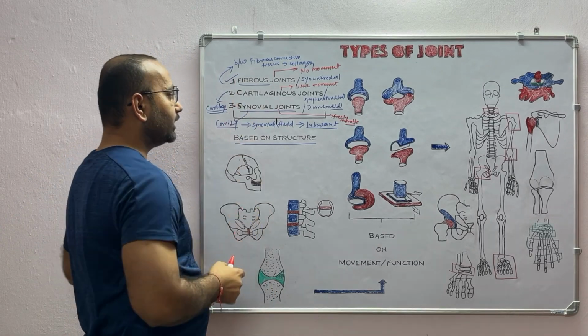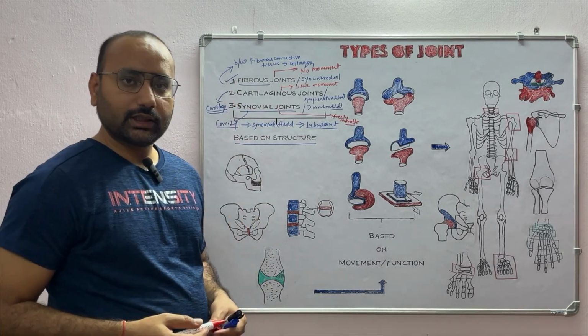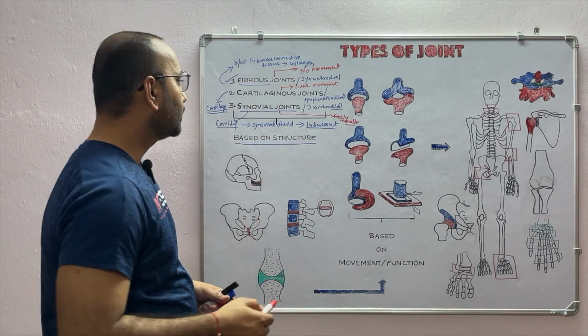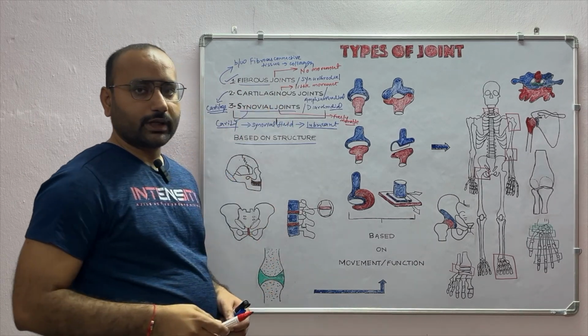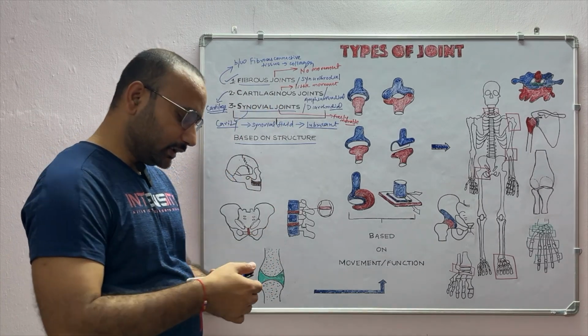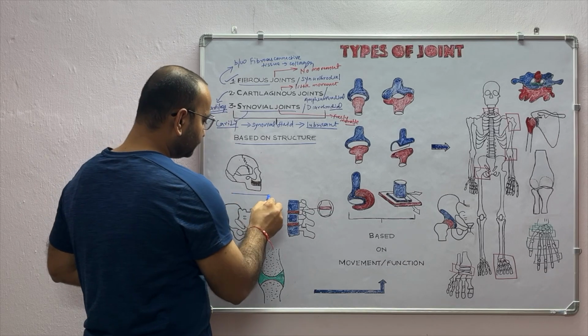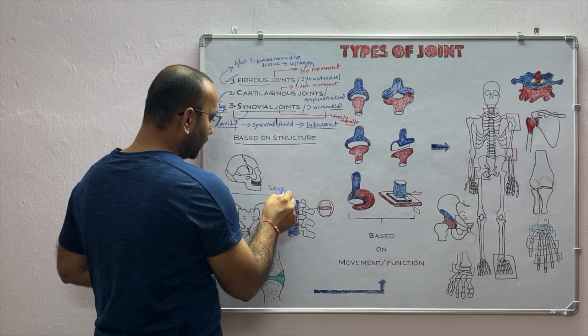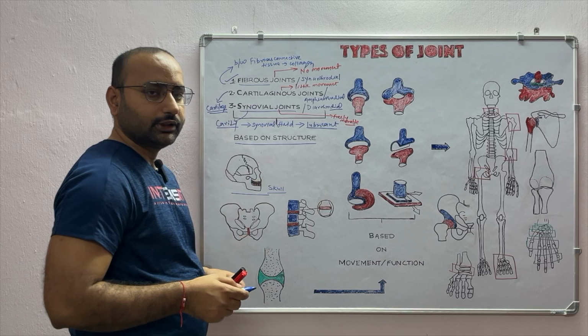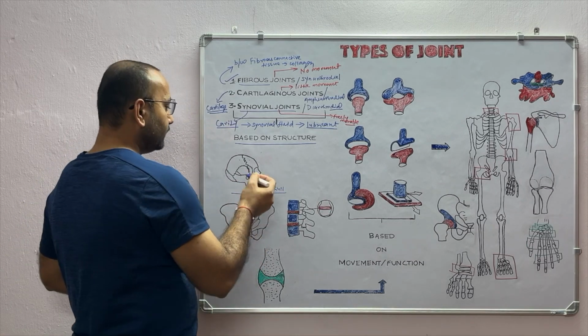Now let us understand where these joints are present in the human skeletal system. The classical example of the fibrous joint is the joint between the flat bones of the skull. So you have a skull here, and you know that the skull is made up of different flat bones.